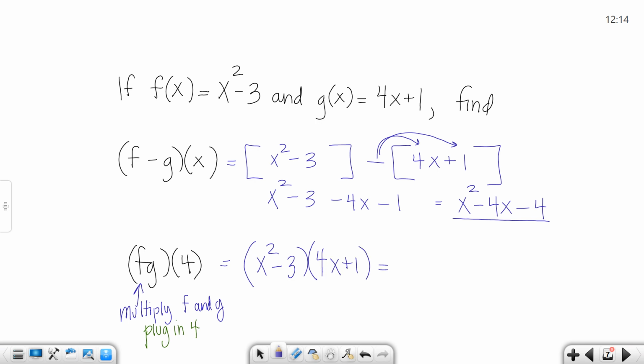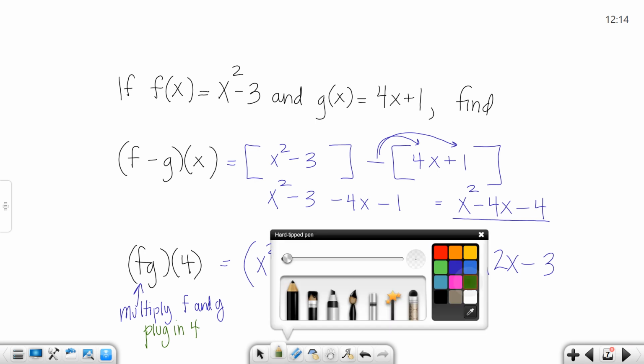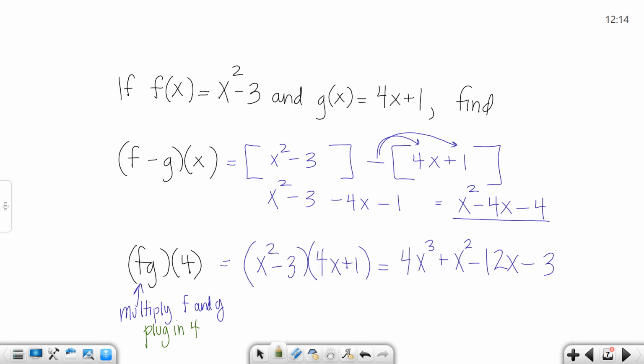So we're going to FOIL that out. I look at that product and I don't see anything that simplifies, so that's a good answer for that step. But remember, this one was different because it had a number in the back. So if it has a number in the back, you're going to plug that in.